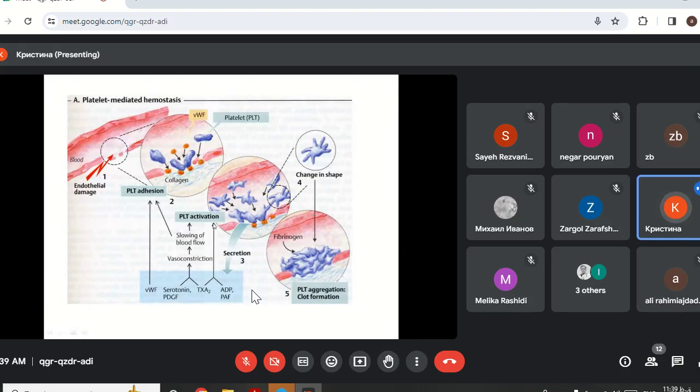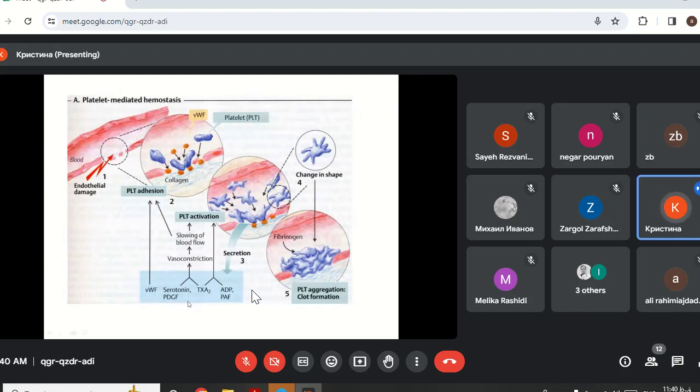Next happens the activation of platelets, or thrombocytes, and the changing of their shape from discoid-like to star-shaped with long processes. This happens with the help of the elements of the cytoskeleton and other molecules.